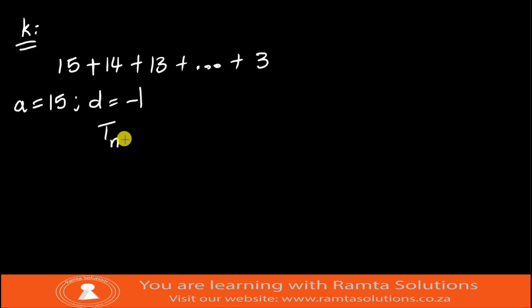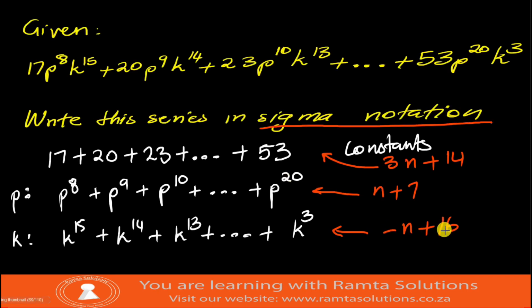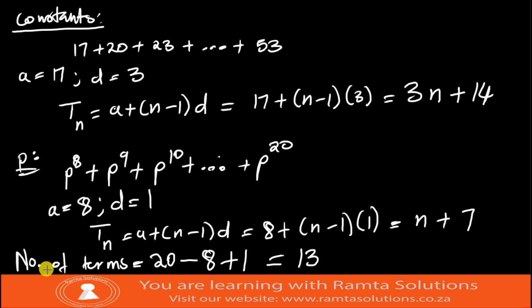So Tn is a plus n minus 1 times d, which is 15 plus n minus 1 times minus 1. And this is minus n plus 16. Let's confirm it. Indeed, it is minus n plus 16.